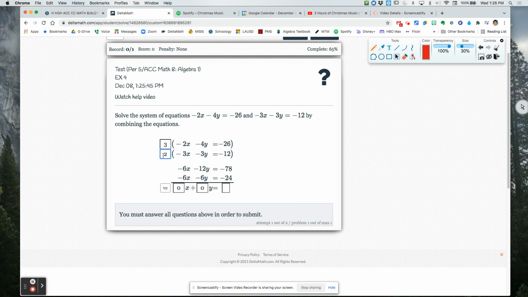Which one do you want to make negative? Negative 3, let's do it. So that gives us this option. So 6x and negative 6x makes 0x, that's what we want. 12 and negative 6 makes 6y.